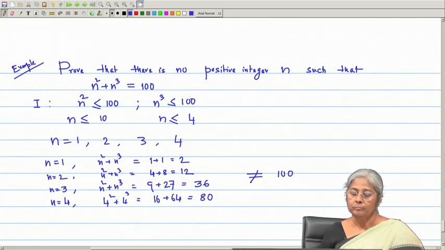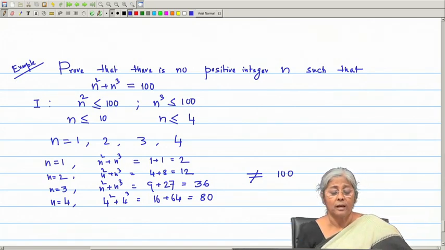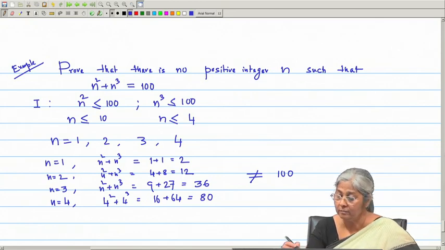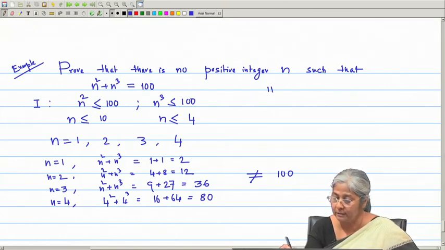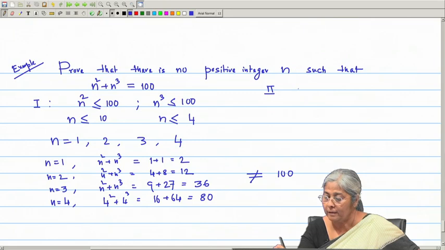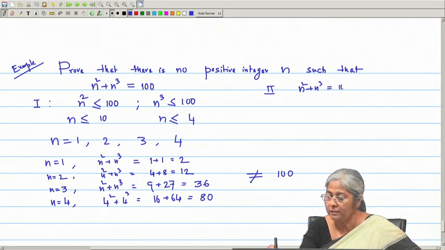Now, here another way I can do the proof. n square plus n cube equal to 100. I take n square common, n square into 1 plus n is 100.